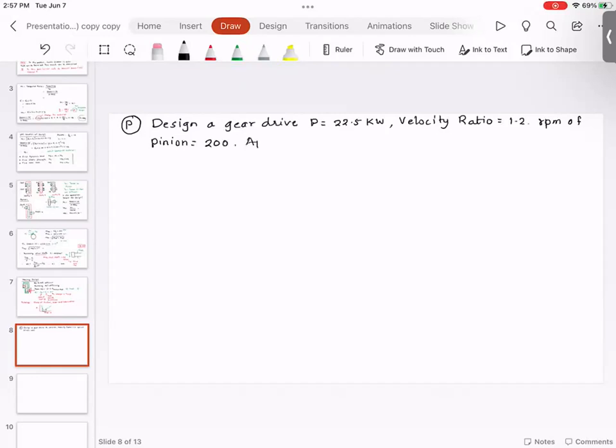Approximate center distance is 600 millimeters. 20 degrees stub, peak.